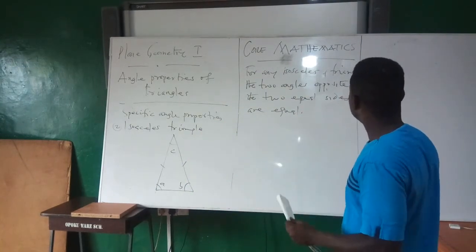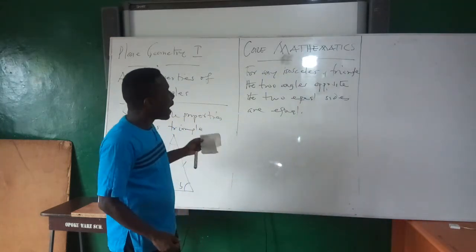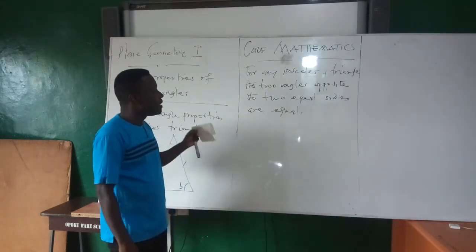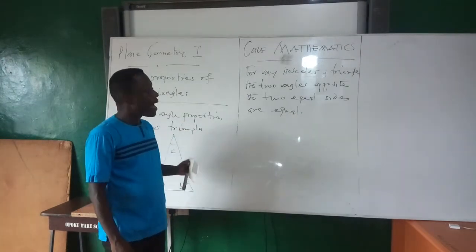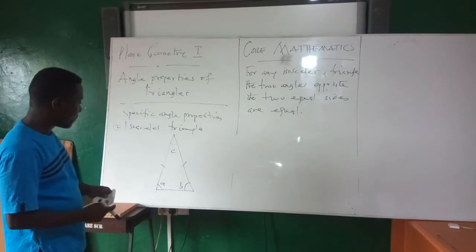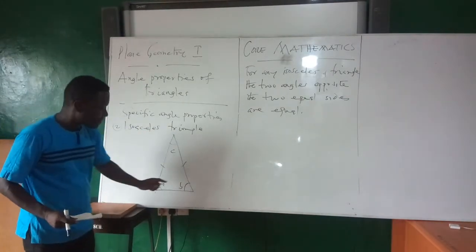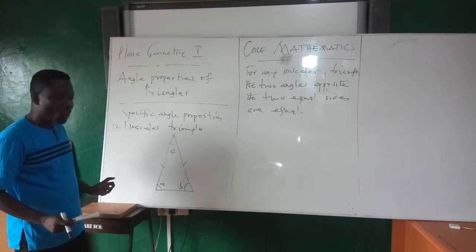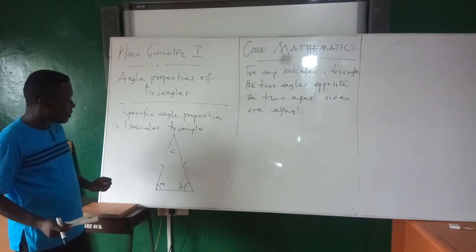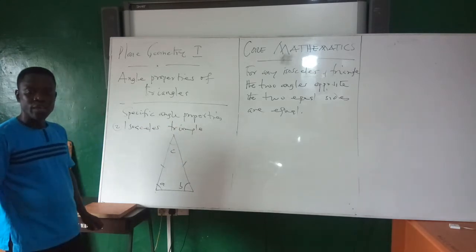If you look at the triangle I have here, this side and this side, as I have indicated, are equal. The question you ask yourself is, what are the two angles opposite these two equal sides?